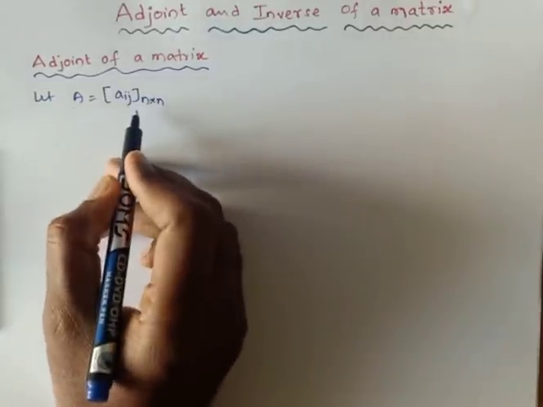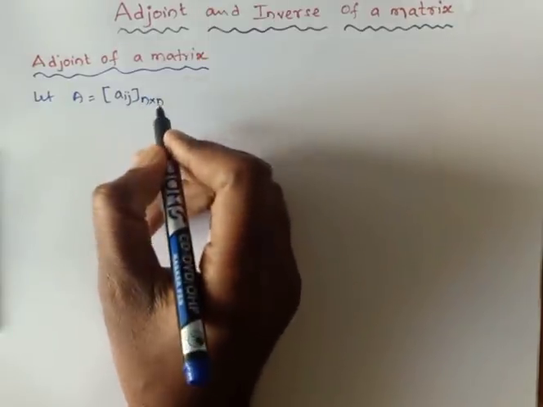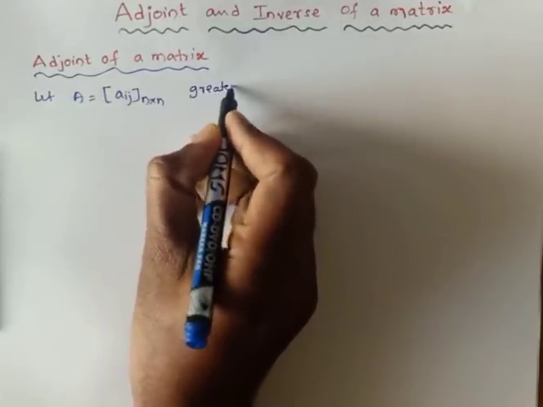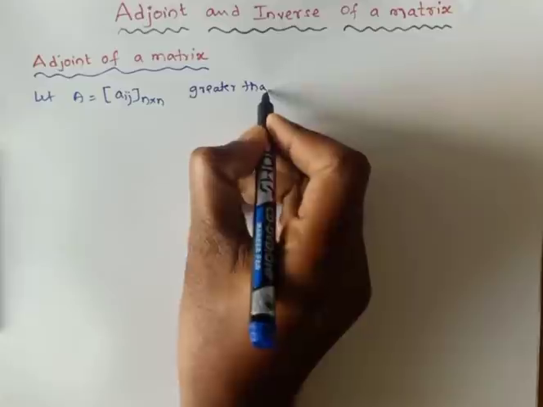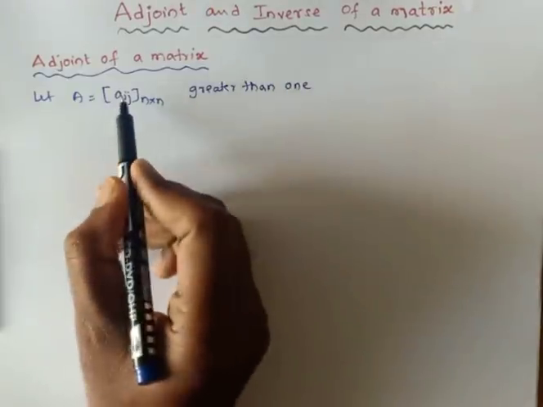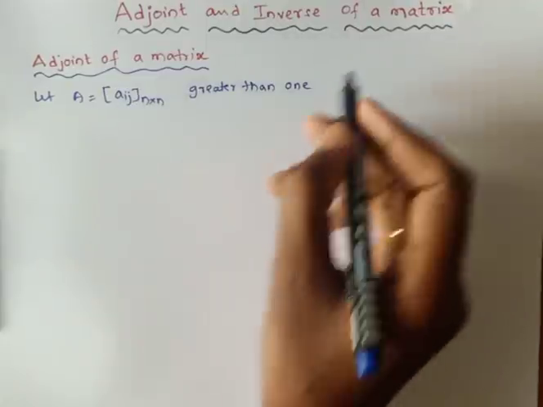Here the restriction is that the order of this square matrix is greater than 1, which means it is 2 by 2 or 3 by 3 or 4 by 4, and so on.